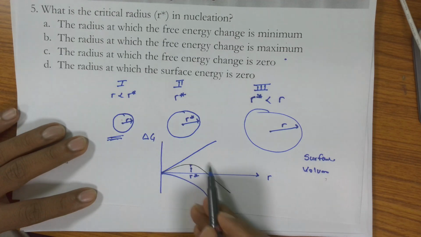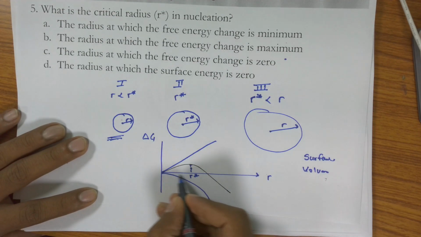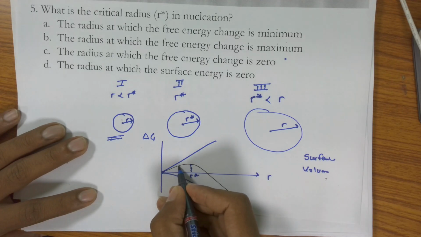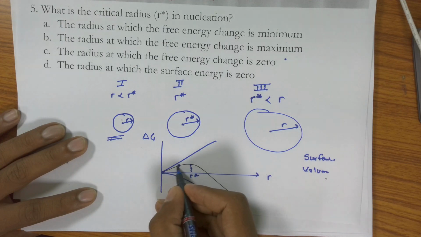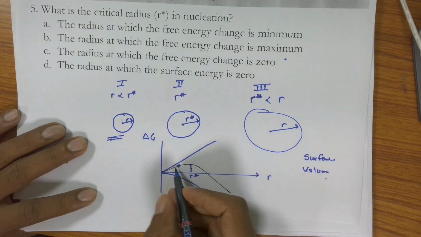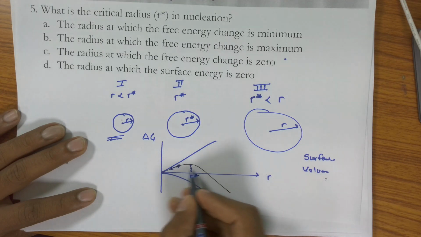Before this, let's say we start with 0 and go towards R star, the nuclei start forming. This nucleus can go forward and also backward, but the tendency to go backward is more because here the Gibbs energy will keep on decreasing.